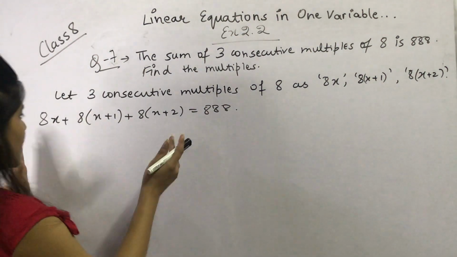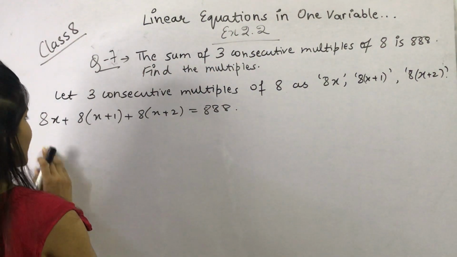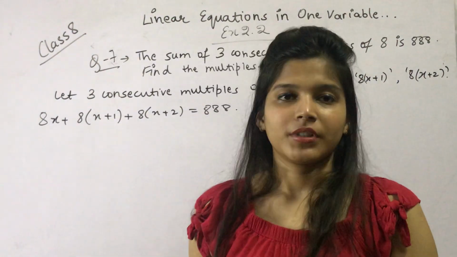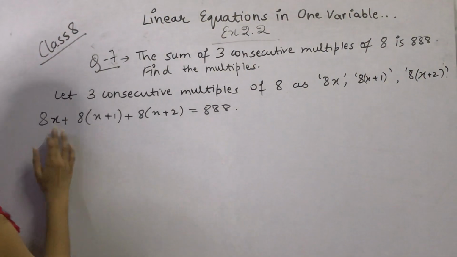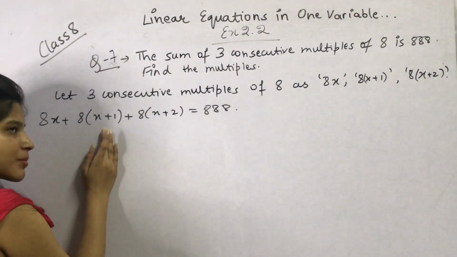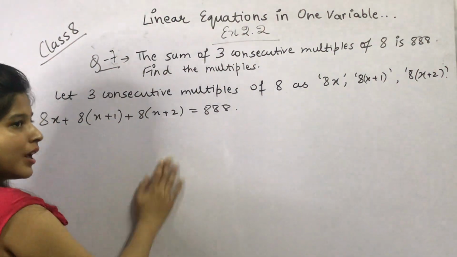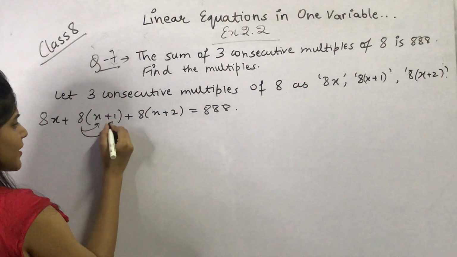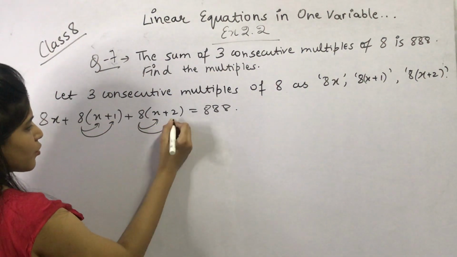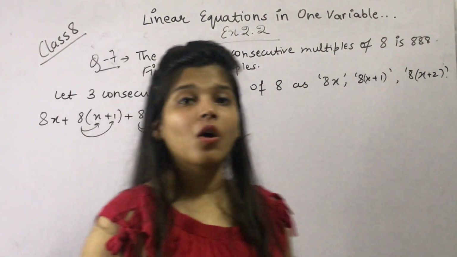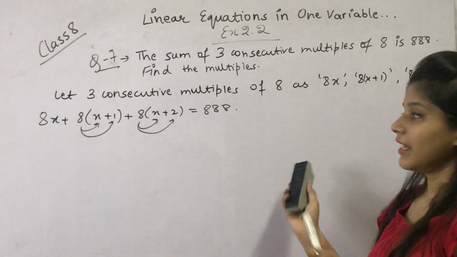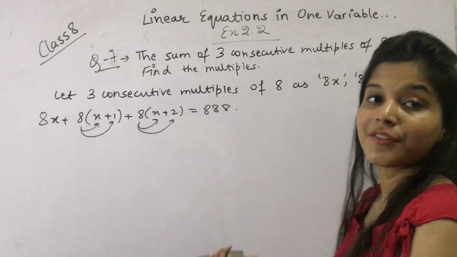Now children, observe this LHS. In this LHS we have three 8s and we can take that 8 in common. Now when we take it in common, we will be left with x plus x+1 plus x+2. Otherwise, if we do 8 into x, 8 into 1, 8 into x, 8 into 2, our question will be longer. It will become very lengthy because first we will multiply, then we will add, subtract, then transpose.